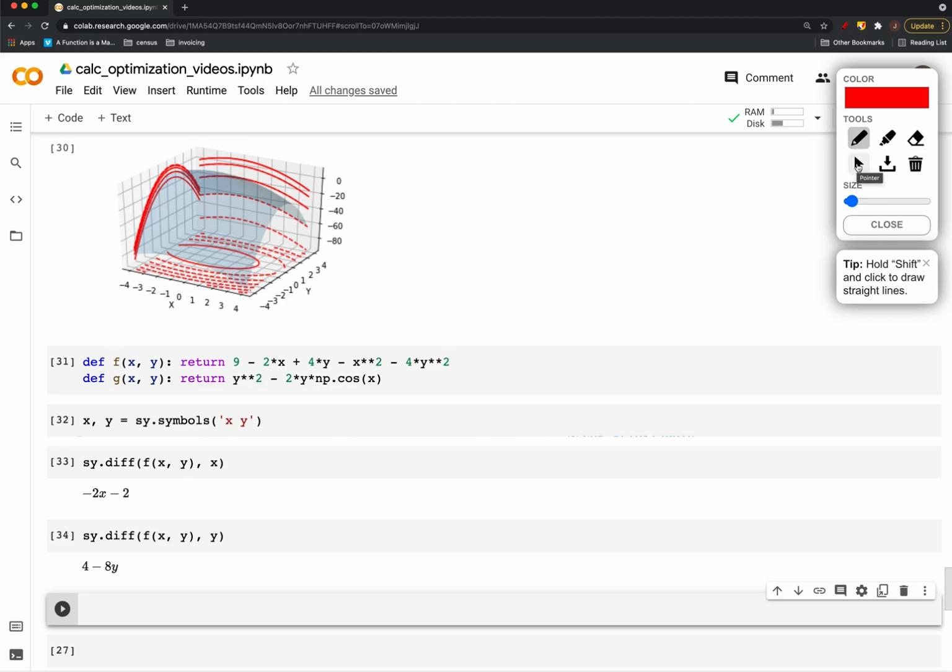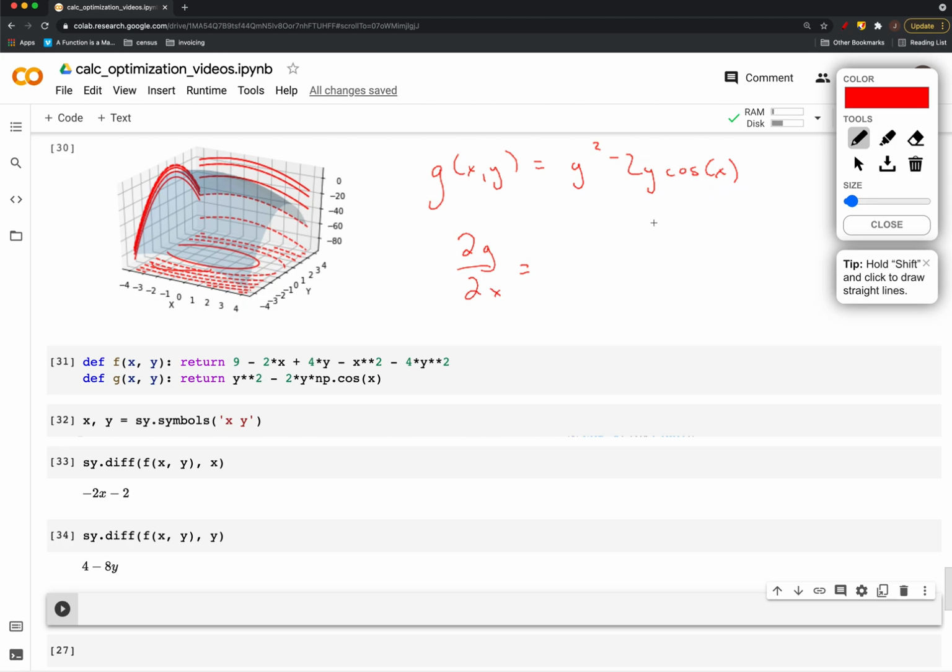Okay, so our function was g of x, y equals y squared minus 2y times the cosine of x. So for the partial derivative of g with respect to x, we're going to treat everything else as a constant, so that means the y squared goes away, and we're just taking the derivative of the cosine of x.